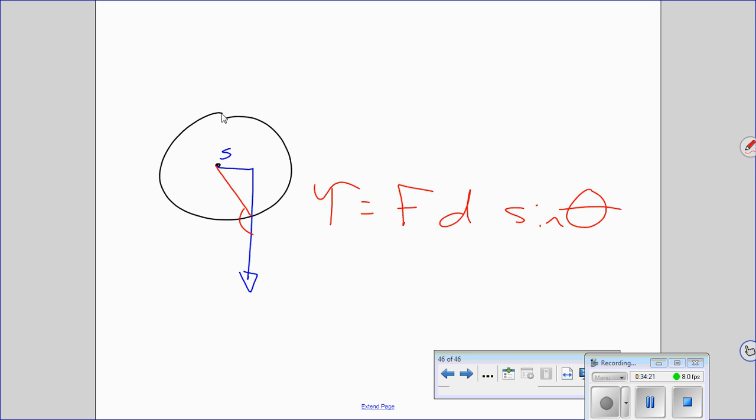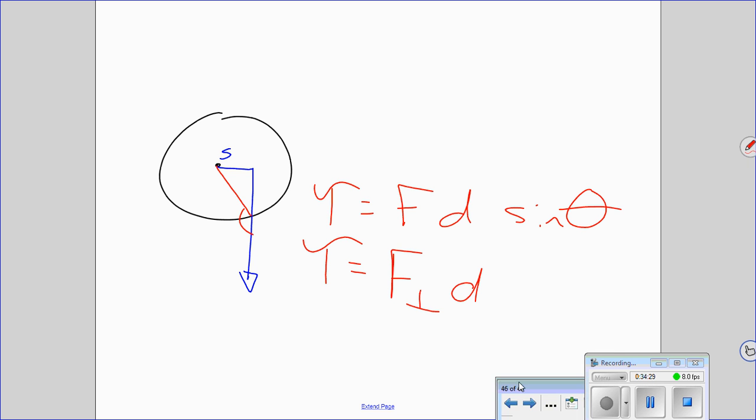Oh, sorry, I'm writing D instead of R, you guys. I have different notation in here and in my honors classes. It's saying take the perpendicular component of the force or the perpendicular component of the distance for the lever arm.